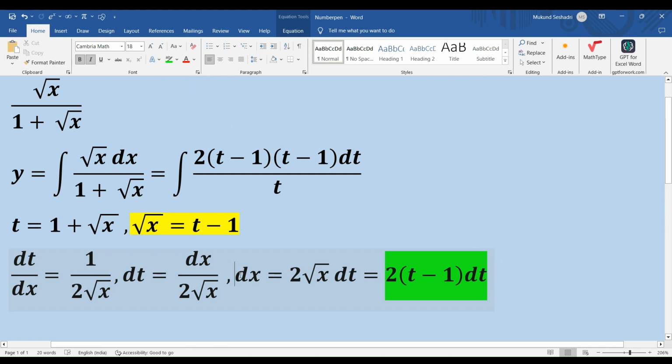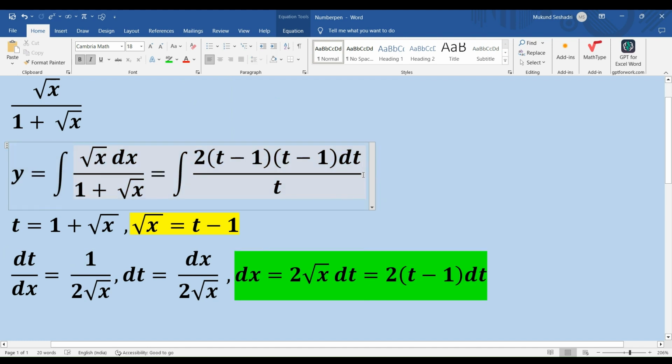My dx equal to 2 times t minus 1 dt, right? And then the denominator, I have it as 1 plus root x, which I originally substituted as t, right? Therefore, my y becomes 2 times t minus 1, the whole square, times dt, the whole divided by t, right?